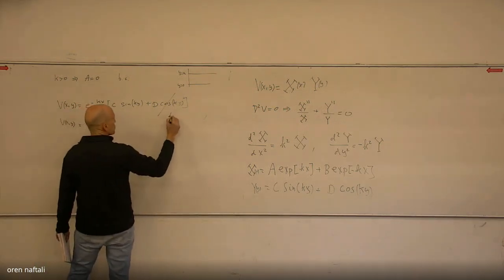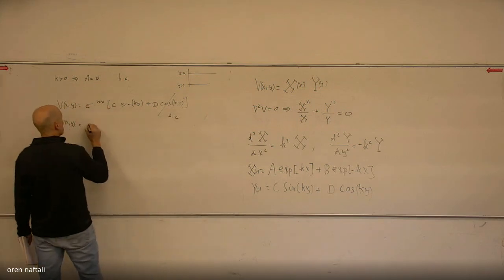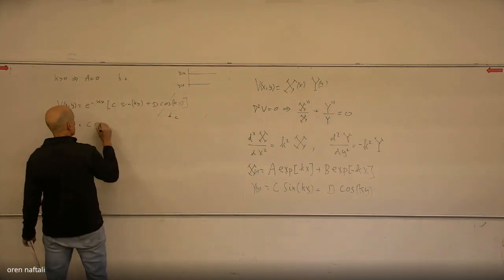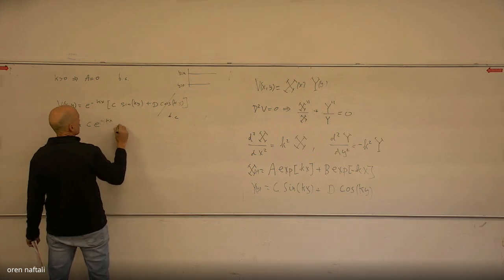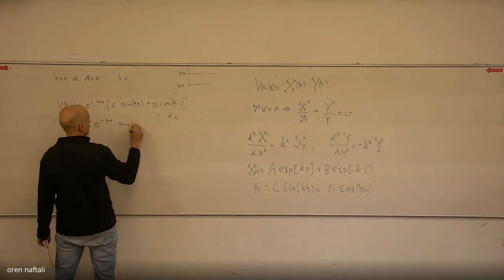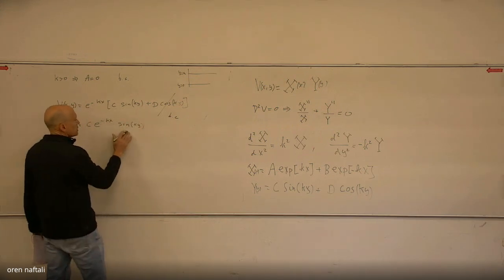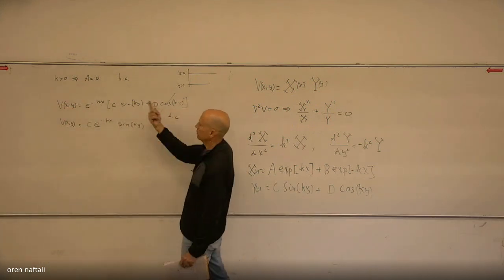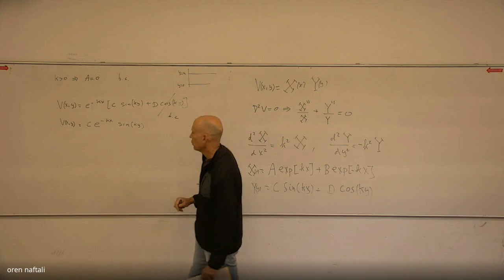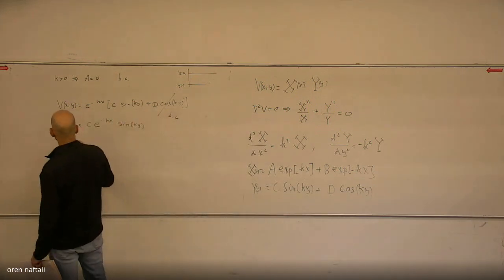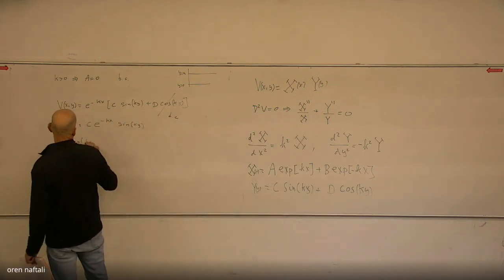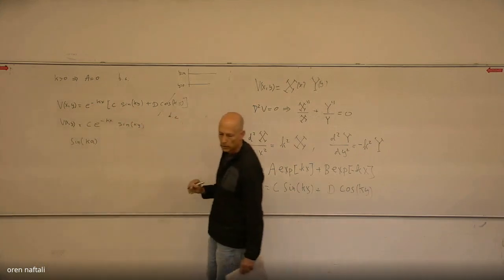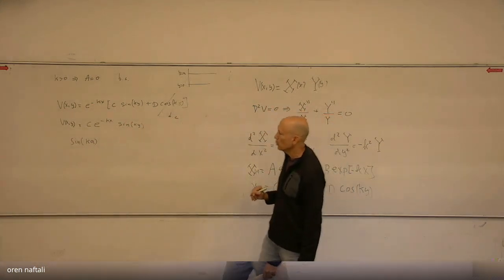So again, this is because the boundary condition is equal, I want to write it with a C. C e to the minus kx sine ky. Now this satisfies the boundary condition y equals 0, but what about y equals a? Then we have the so-called quantization rule, even though we are not in quantum mechanics, where sine ka has to be equal to 0.